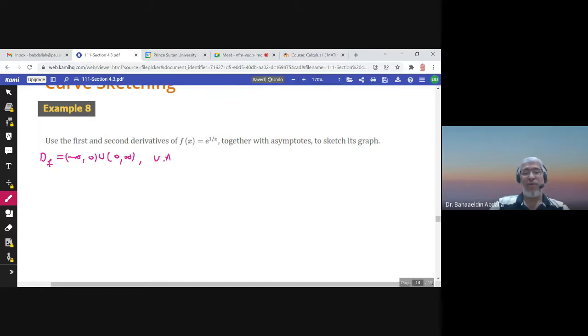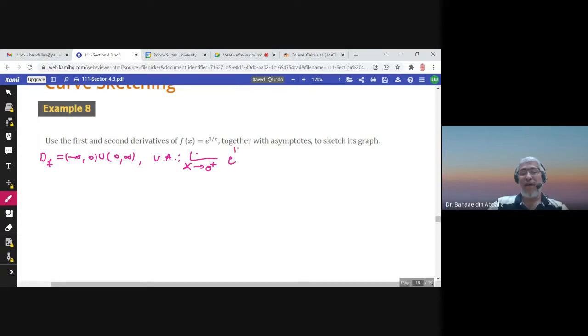And if you remember, to find the vertical asymptotes, we try to find what happens when we find the limit when x approaches 0 from the right and from the left, because 0 is not in the domain. Any number which is not in the domain, we think whether it is a vertical asymptote or not.